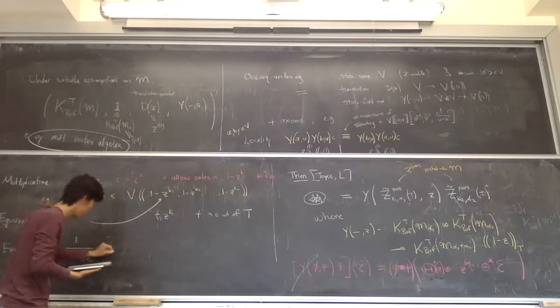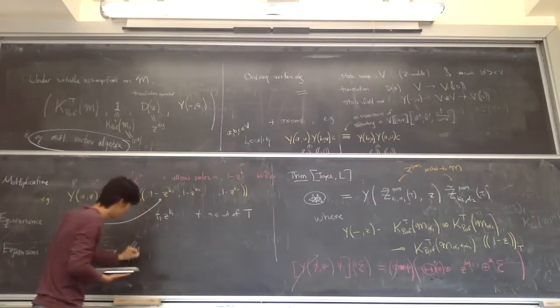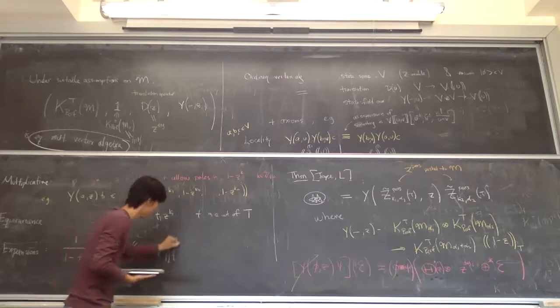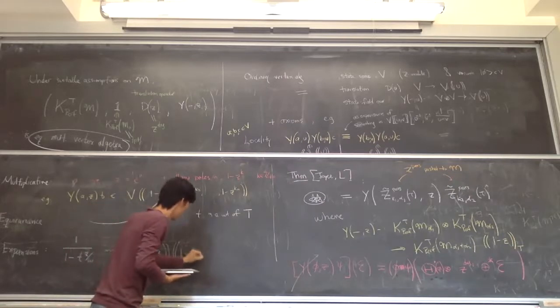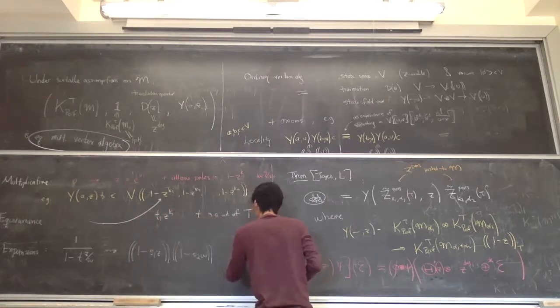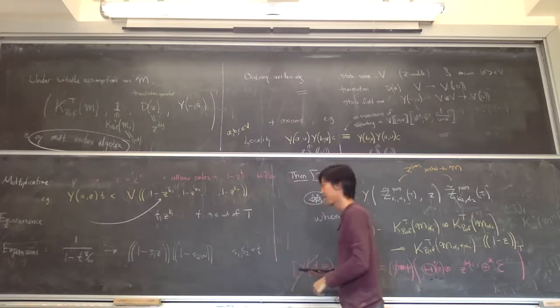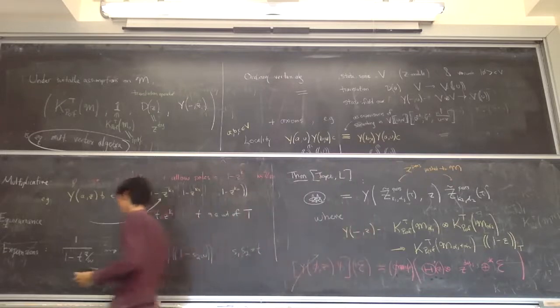This can be expanded to live inside series 1 minus S1 Z, 1 minus S2 W for any S1 and S2 such that their product is equal to T. Right? This is some simple algebraic observation.